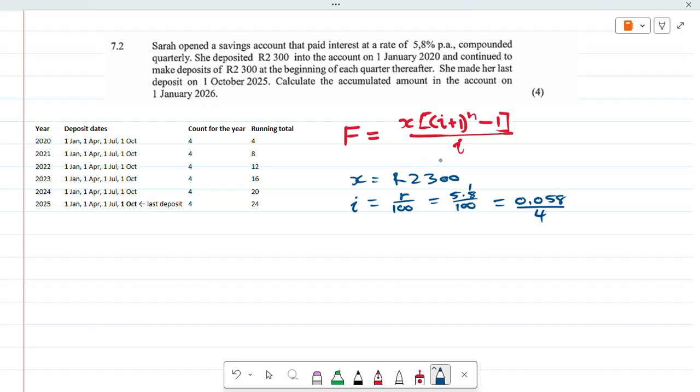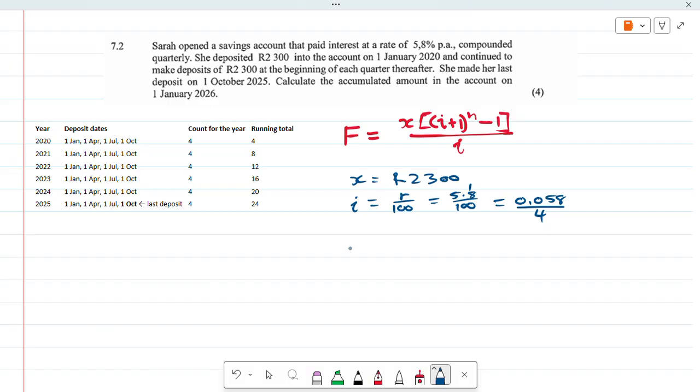Now we get to the interesting part, finding the value of n, which is the total number of payments that are made. From the question, it's clear that the first payment was made immediately when the account was opened, because we are told she deposited 2,300 into the account on 1 January, which is when she opened the account.